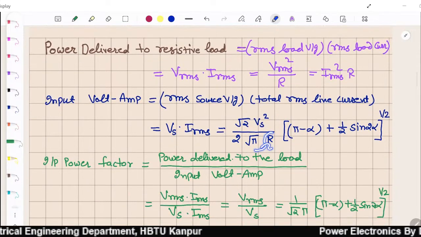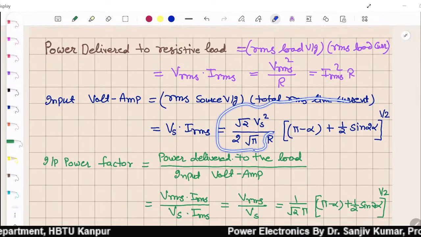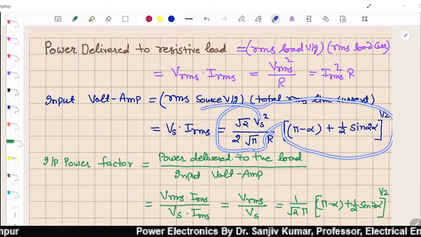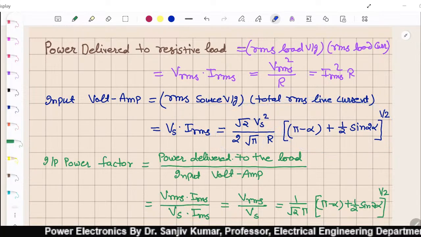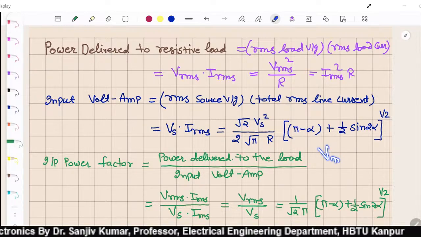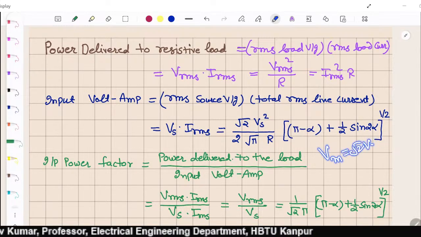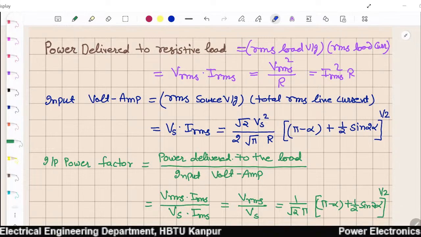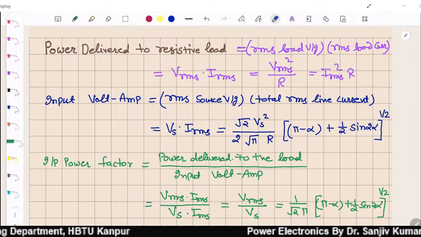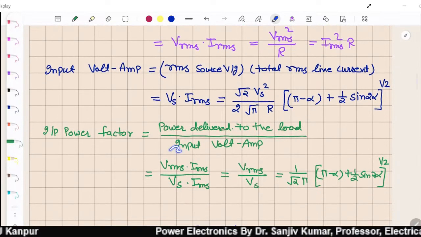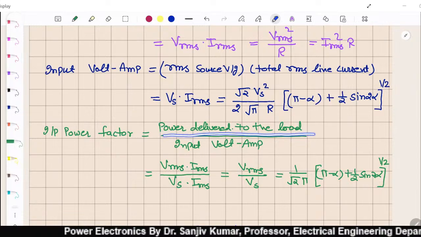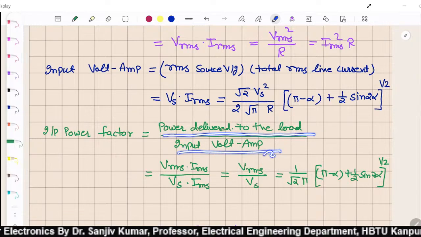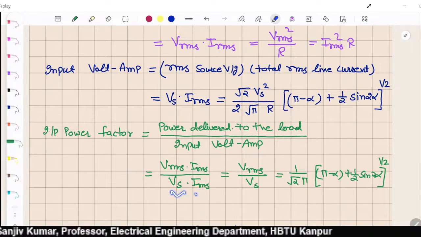Here Vm is equal to root 2 Vs, right? So it has come out to be this. Now input power factor is power delivered to the load divided by input volt ampere. So it has come out to be Vs into IRMS.